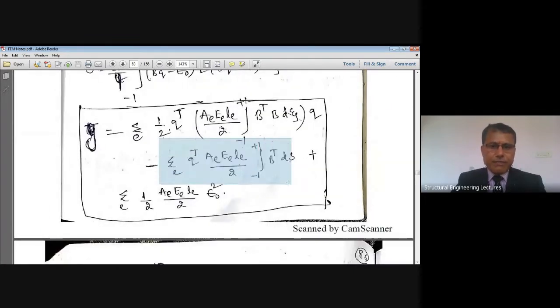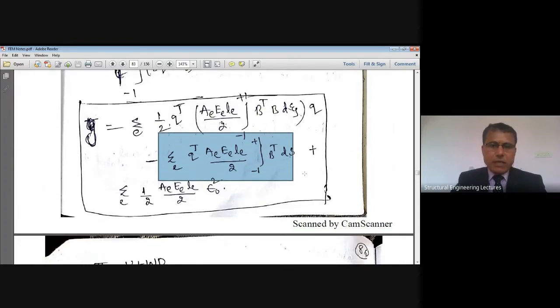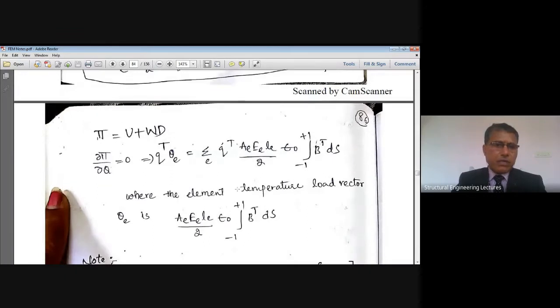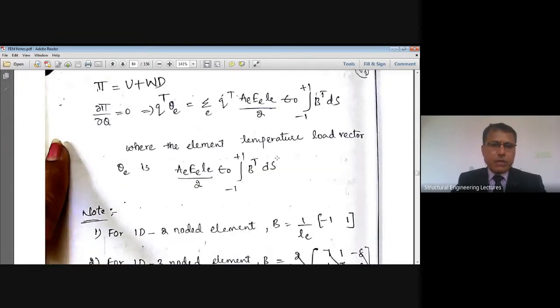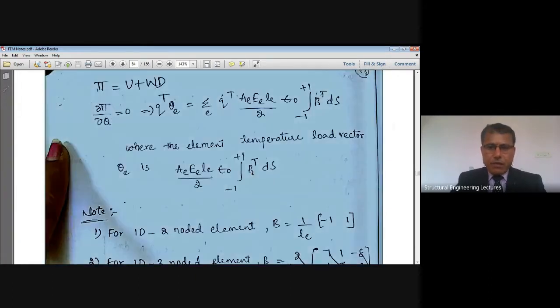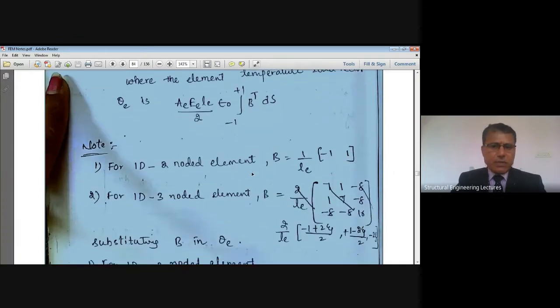The second term, right? By taking this summation of all such elements, for one element, q transpose A E L divided by 2, integration from minus 1 to plus 1 of B transpose ds. If I take out that second term, now I can say by substituting B, A E L by 2 epsilon naught is taken out of the integration.